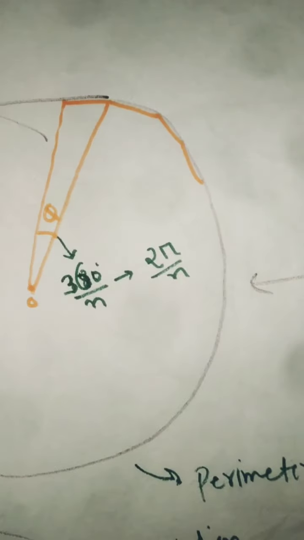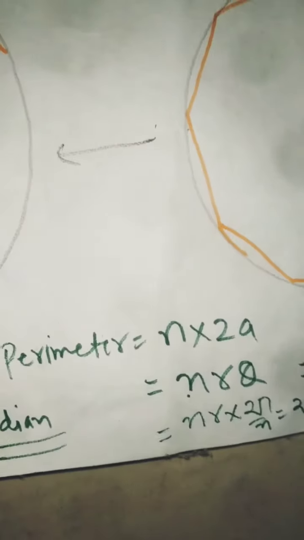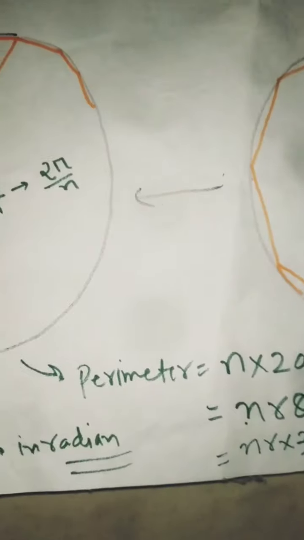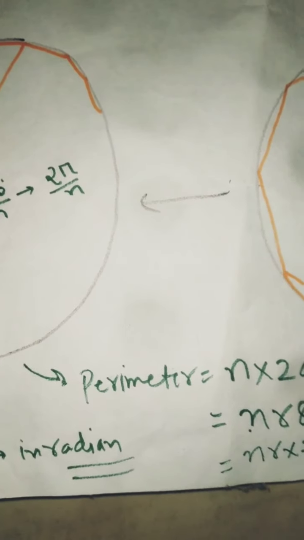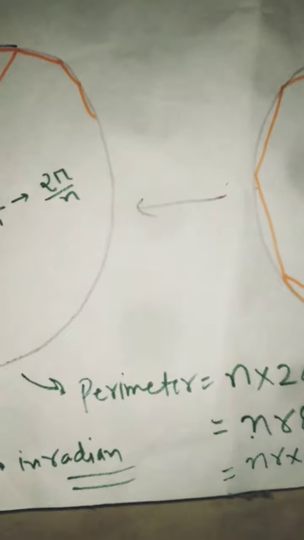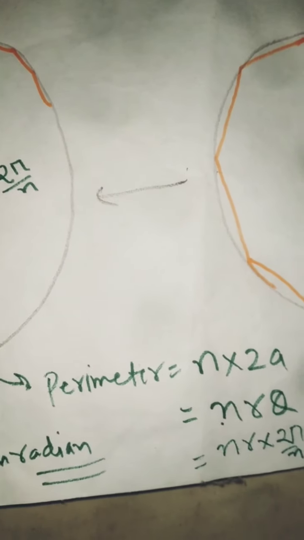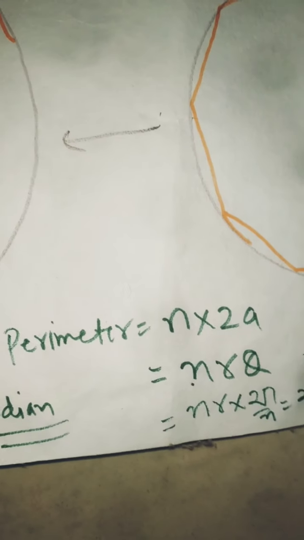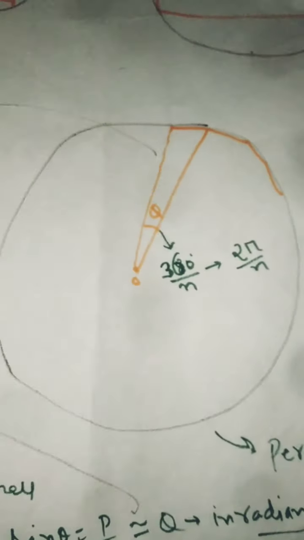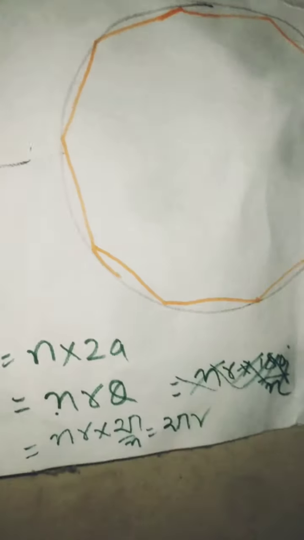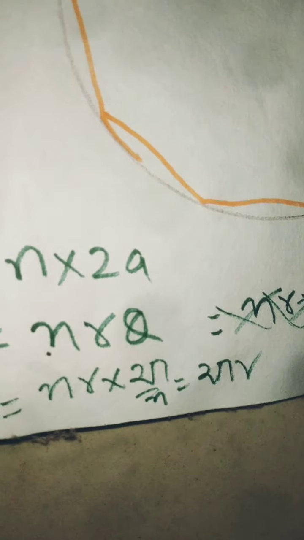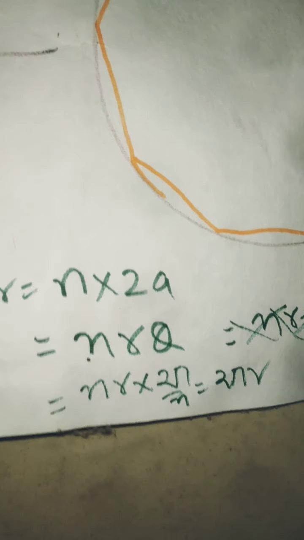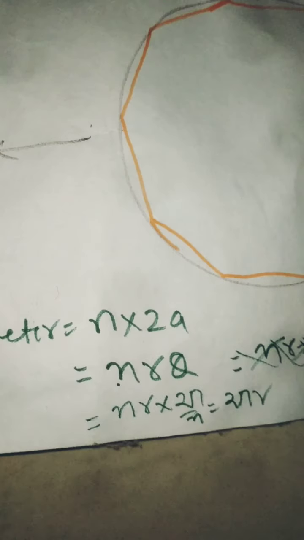Since my theta is 2 pi by n, when I put this in, I find that my perimeter comes out to be 2 pi R. So we found the formula for the perimeter. Quite a good guess.